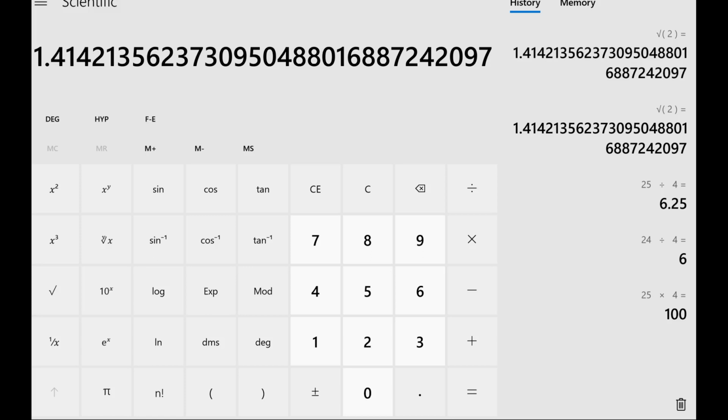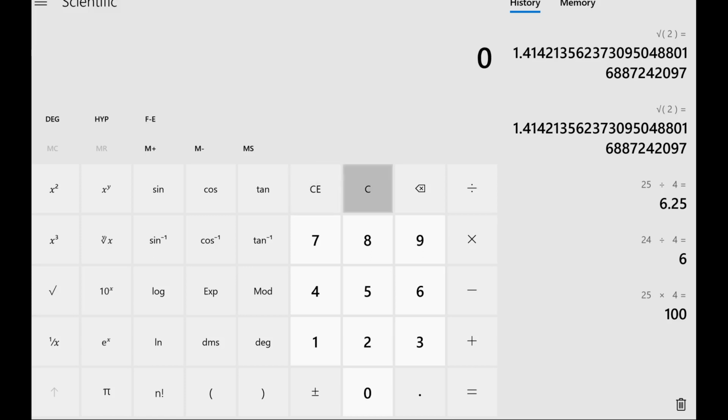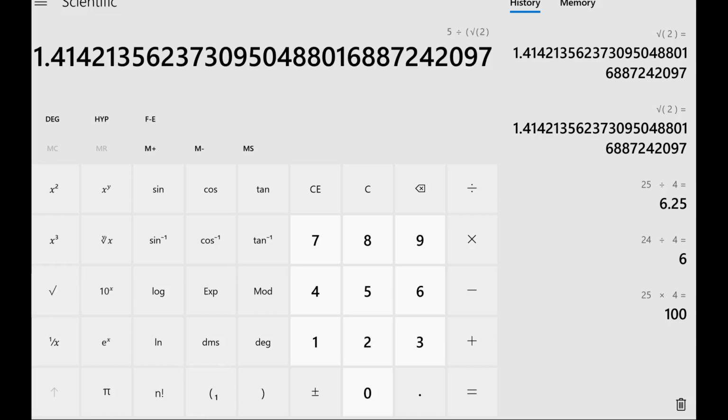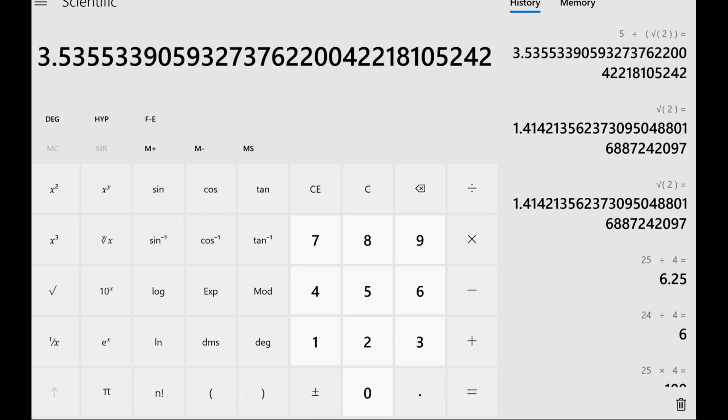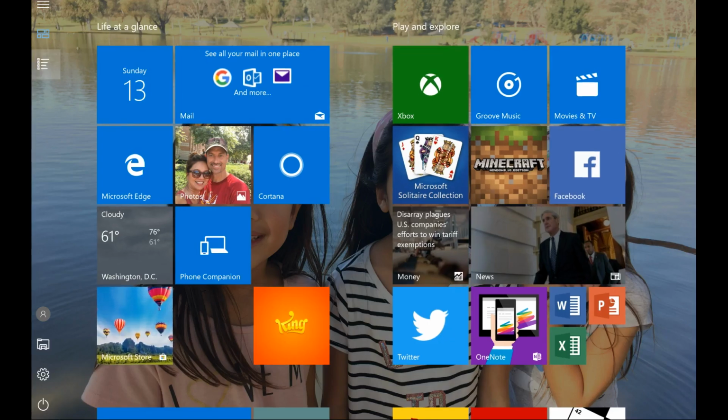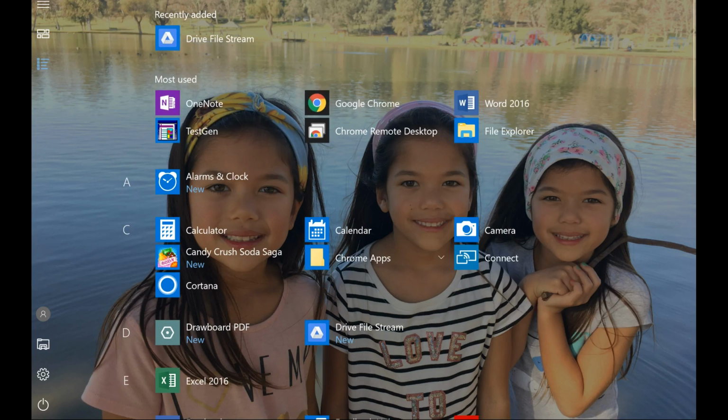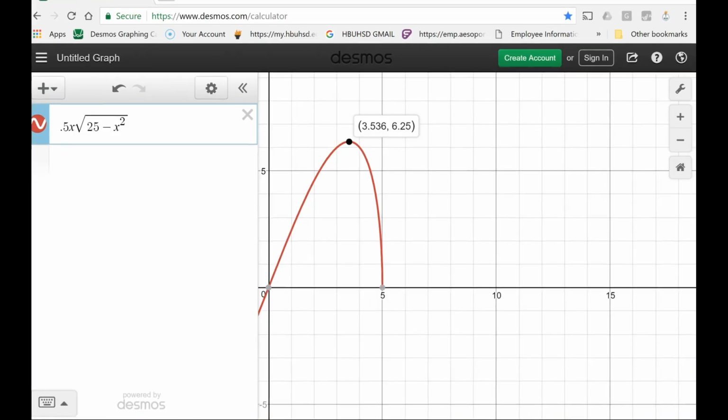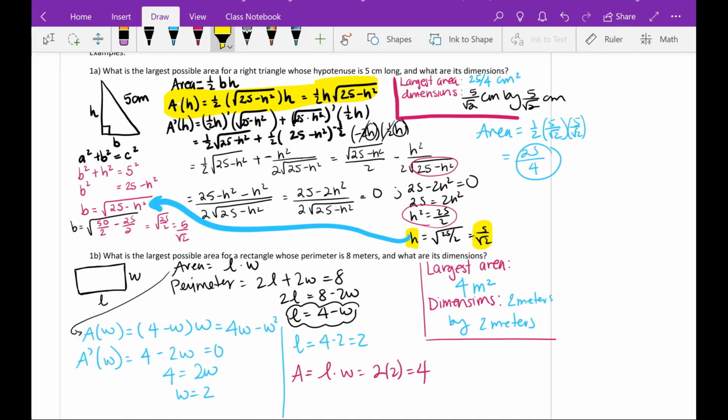How would I do this? 5 divided by, open parentheses, 2, and then radical. There you go. Close it up. All right, 3.5355, which is a number that we did see on Desmos. So we're going to go back to Desmos. Okay, so we know we are on the right track. And that concludes this video for this example.